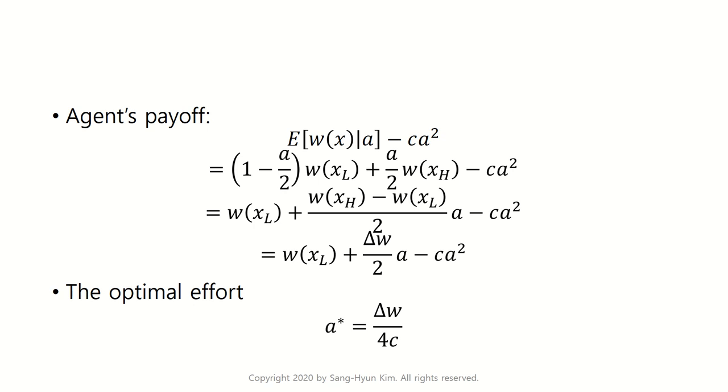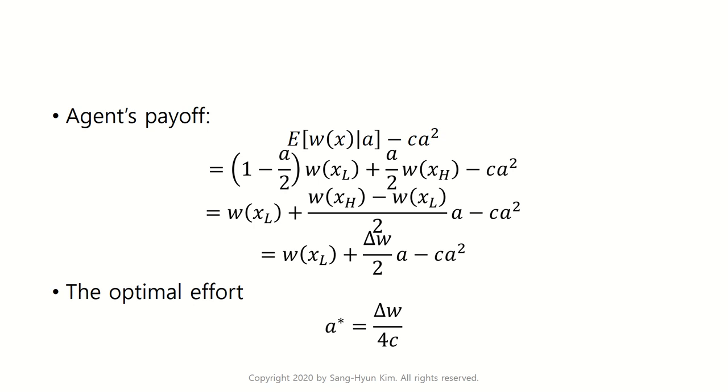And we can just focus on the agent's choice variable. In this case, the agent's choice variable is A, the effort level. So the coefficient of A is (W of XH minus W of XL) over 2.